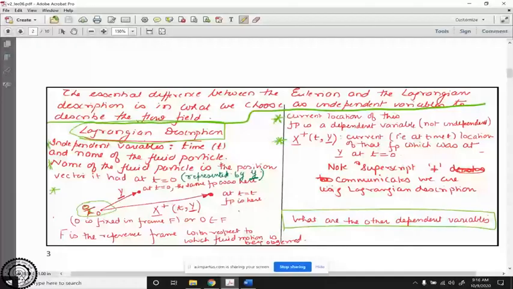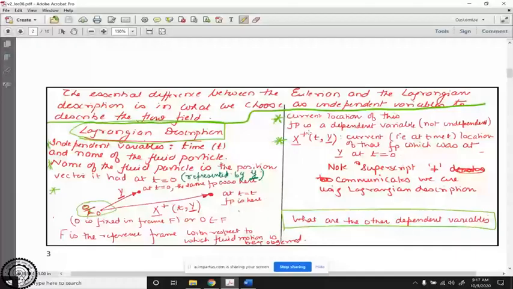Also I want to highlight that in Lagrangian description, all dependent variables are given this superscript plus to make it very clear to the reader that we are talking about Lagrangian description. You will see in Eulerian we will not put any plus.